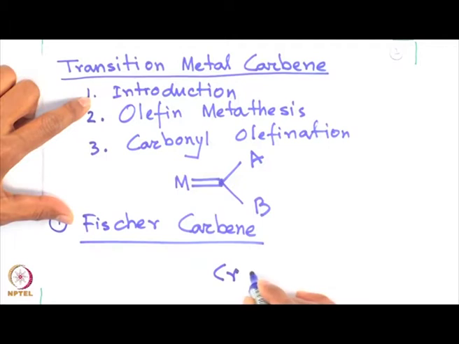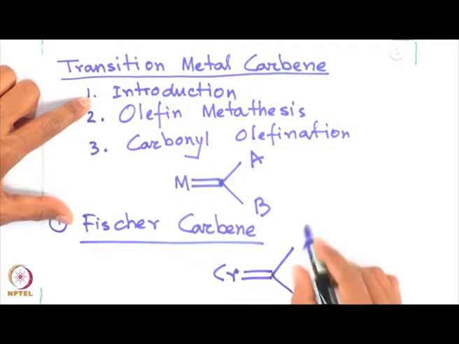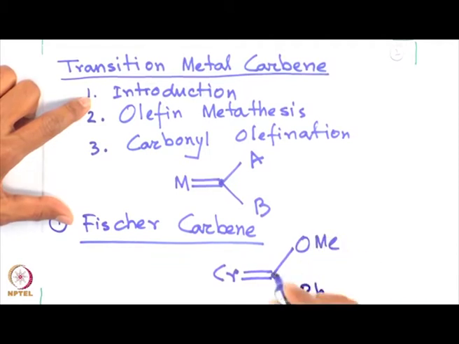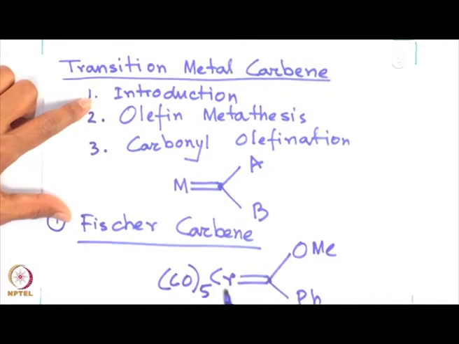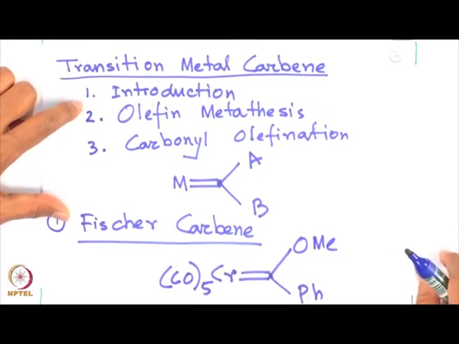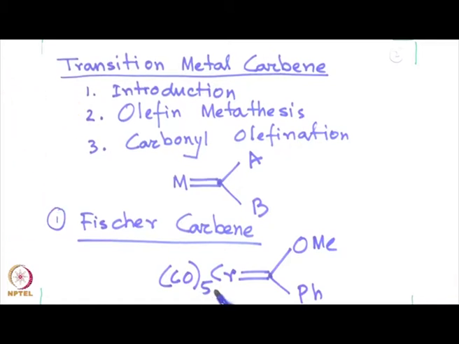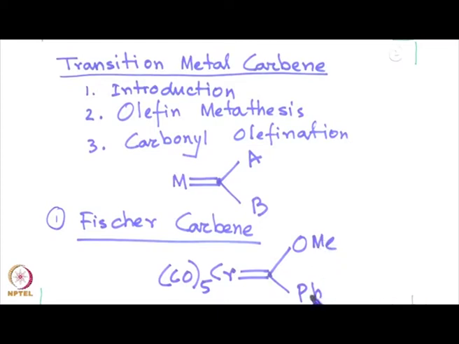So, the chromium complex is associated with the carbene center with two atoms associated with the carbon center, and this is a pentacarbonyl species. Now, if you look at this chromium complex very carefully, the chromium center is attached with some ligand and the carbon center is also attached with some substituent.